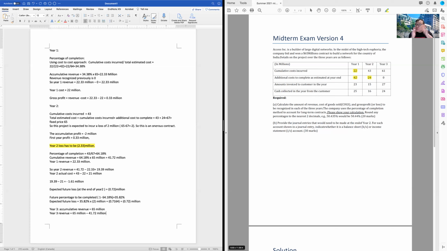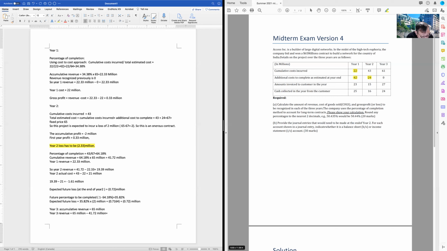That's the cumulative revenue at the beginning of the year. 65 million is the cumulative revenue to be recognized at the end of the third year. And the 41.72 is the number for the end of year 2, which is also the beginning of year 3, right? So the difference would be just the revenue recognized for the period of year 3, right?